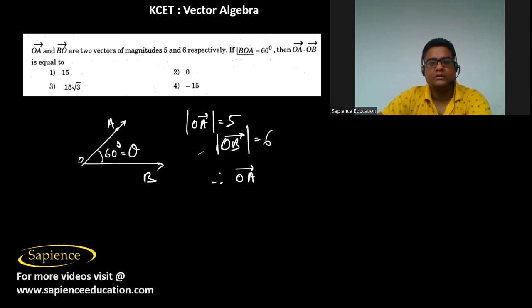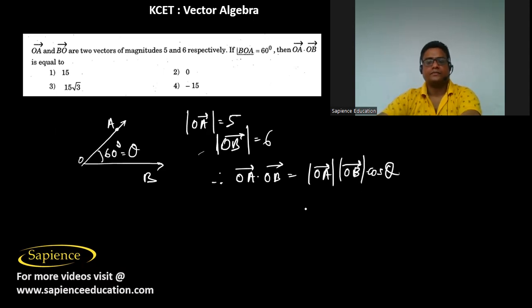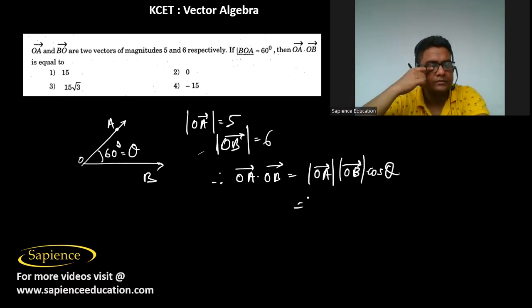Therefore, OA dot OB will be equal to magnitude of OA into magnitude of OB into cos theta.